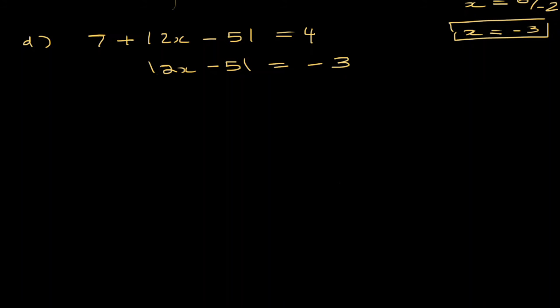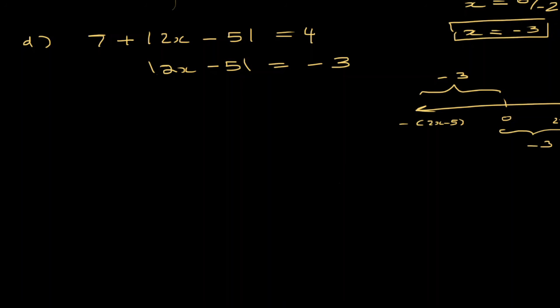Now let's take a moment and think about it. What does it mean to have an absolute value? It means that at some value from 0, which is 2x minus 5, and some value minus 2x minus 5, the distance between those is minus 3. Take a moment and think about it. It's minus 3. Is that possible? Is it possible to have minus 3 as a distance? No, it's not.